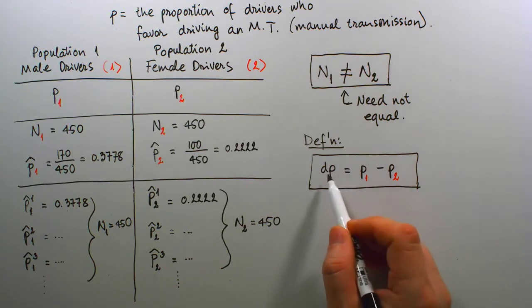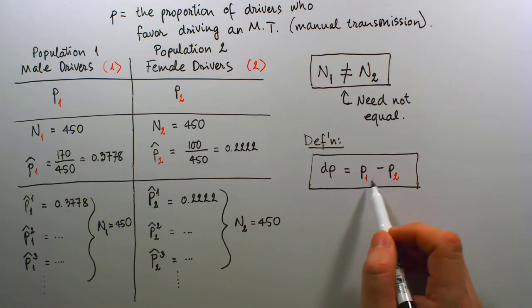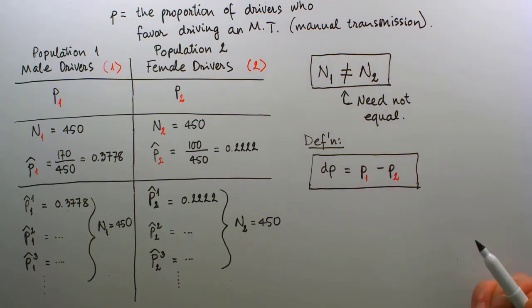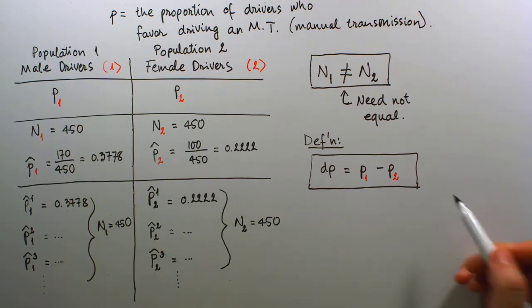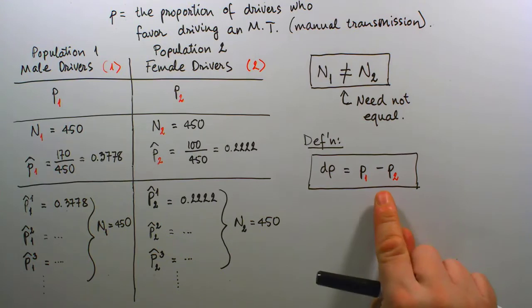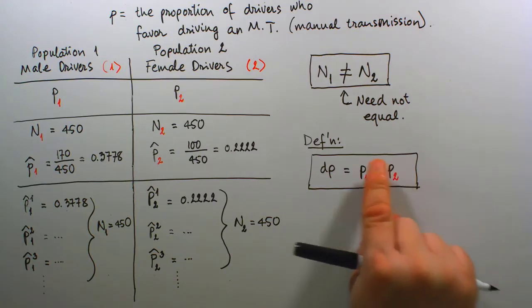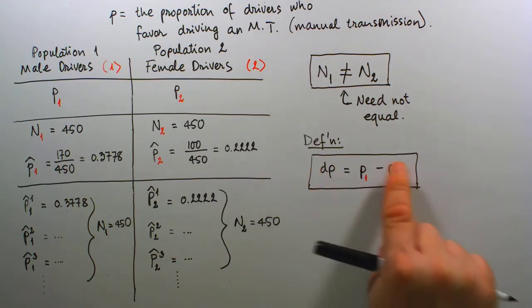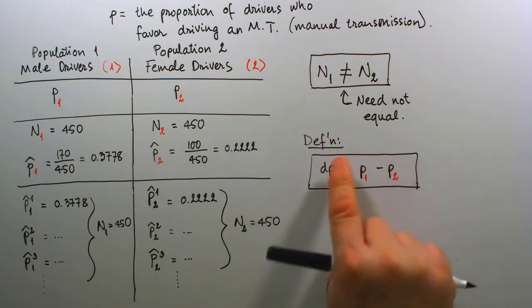I always want dP equals P1 minus P2. So that's the first thing I would like to clarify about that. And we will understand the greater impact of staying with this particular order of the definition.